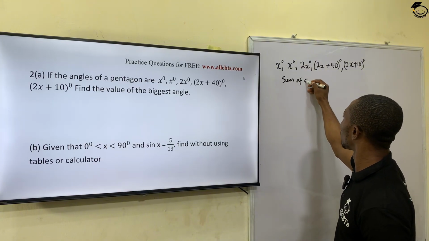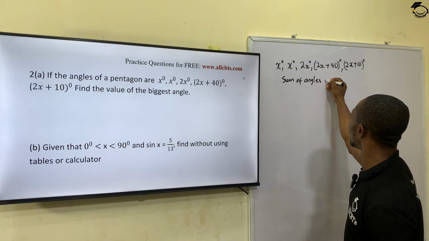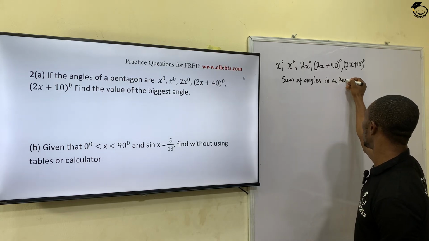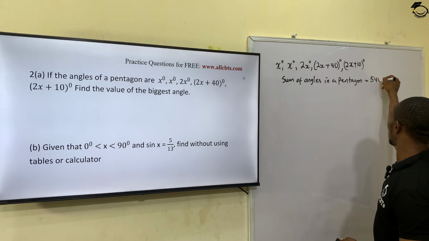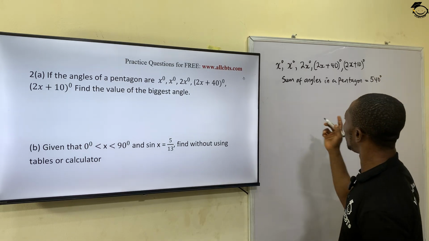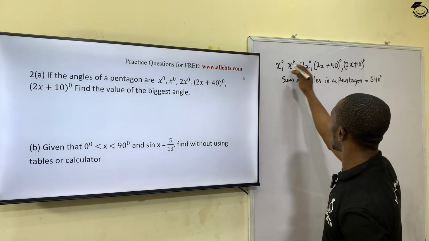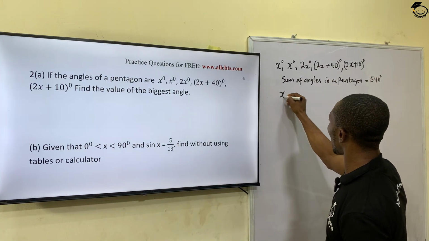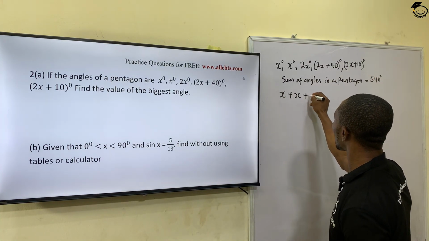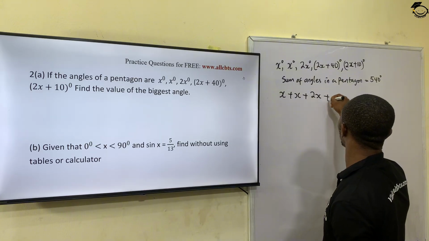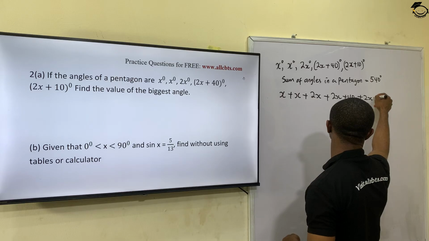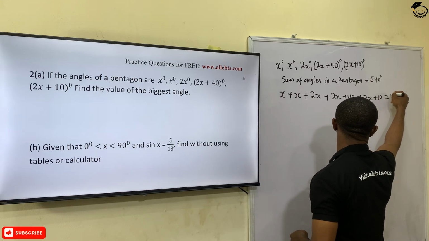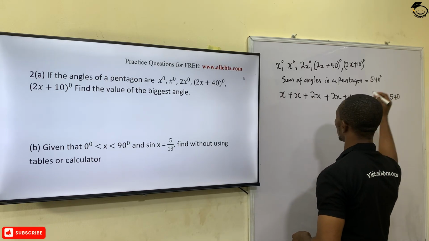We know that the sum of angles in a pentagon equals 540 degrees. That's the sum of the interior angles. So adding this all up, we have x plus 2x plus 2x plus 40 plus 2x plus 10 giving us 540 degrees.